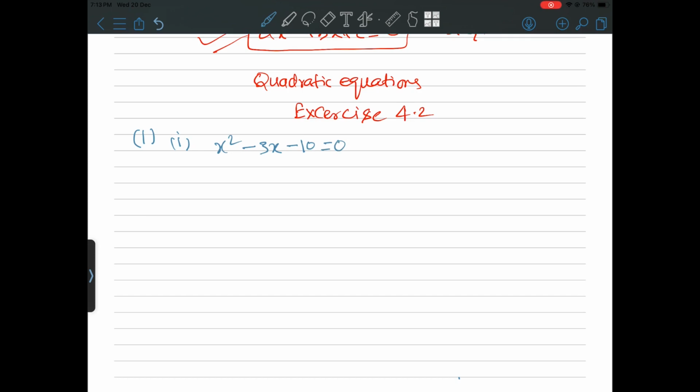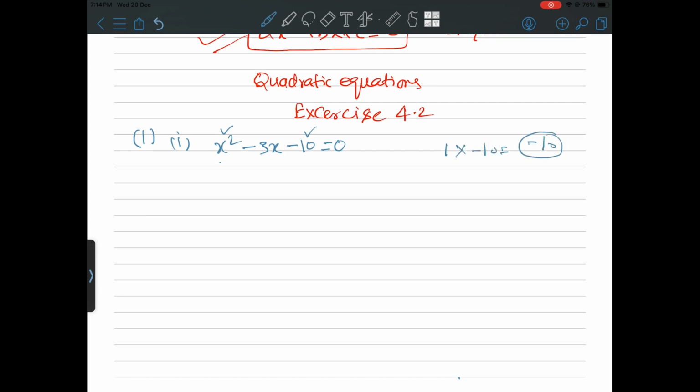So in the method of factorization, we multiply the coefficient of x square and the constant term, right? The coefficient of x square is 1, and this term is minus 10. So we get minus 10, right?